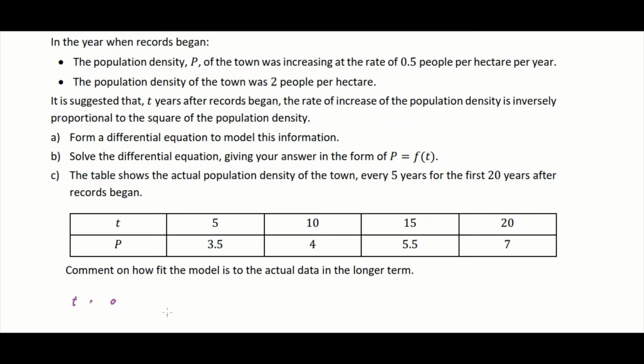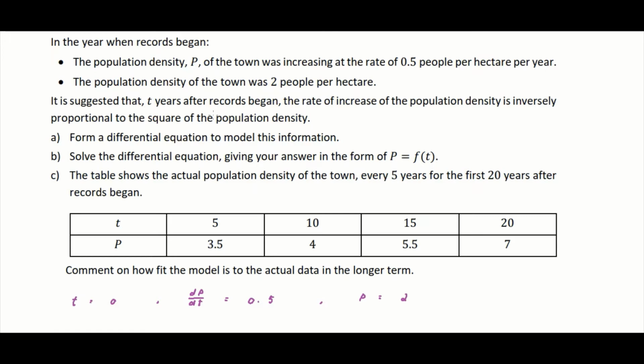When t equals 0, the population density was increasing at the rate of 0.5, meaning that when t equals 0, the rate of change of population with respect to time is 0.5. Increasing, so that's why it's positive. At the time when records begin, the population density was 2 people, so P equals 2. In these questions, t refers to the number of years after records begin.